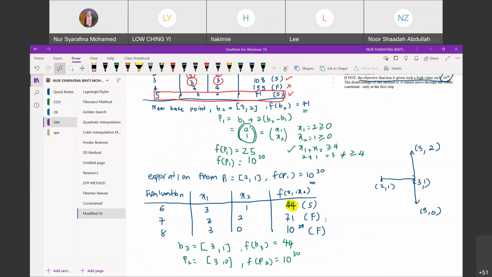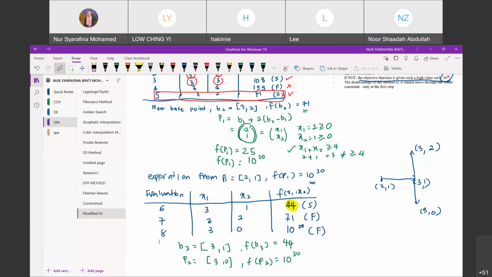That's why it is all failures for every evaluation after this point. What we are doing just now is only to see the process of decreasing the step lengths, and then the changing of base point and pattern move point. So don't worry if you have all failure objectives, we'll leave them there.